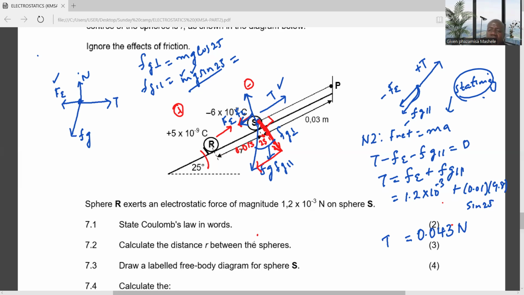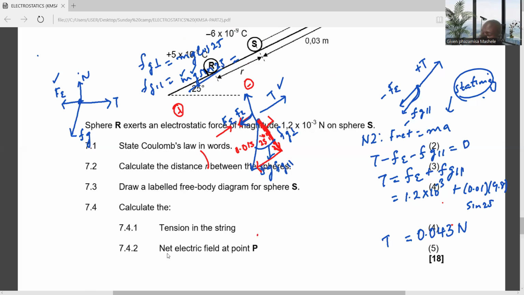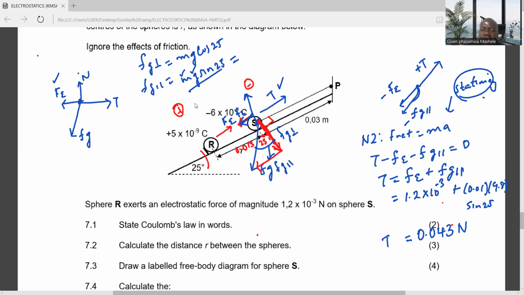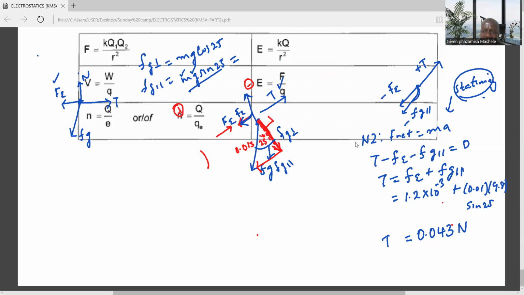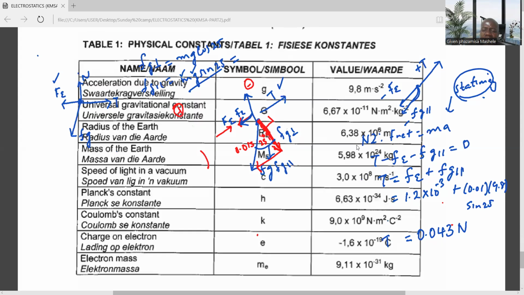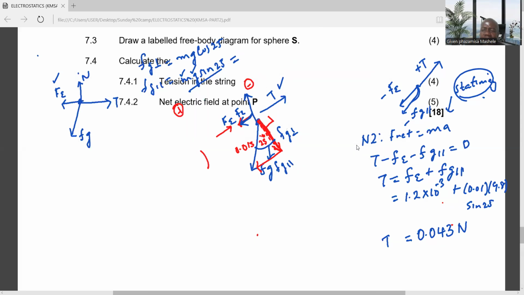Then the second question says, calculate the net electric field at point P. The net electric field at point P, which means we want to calculate it due to charges S and R. Let us do that.